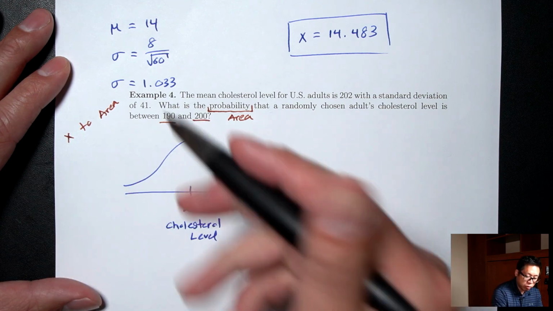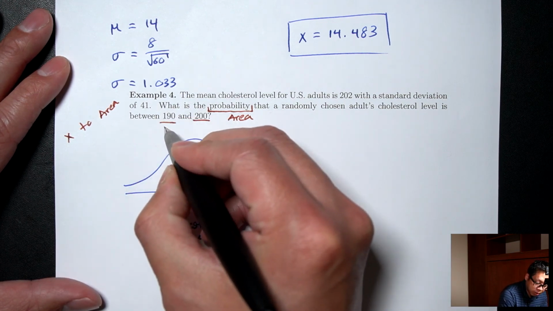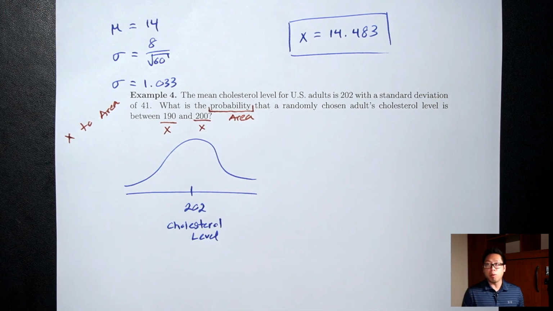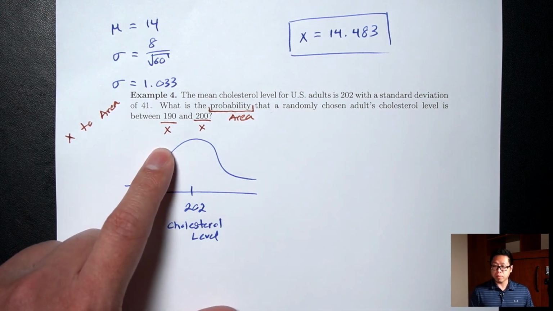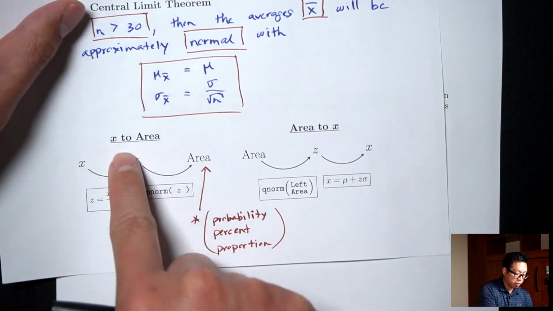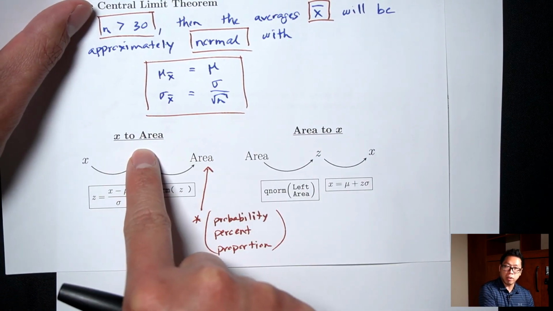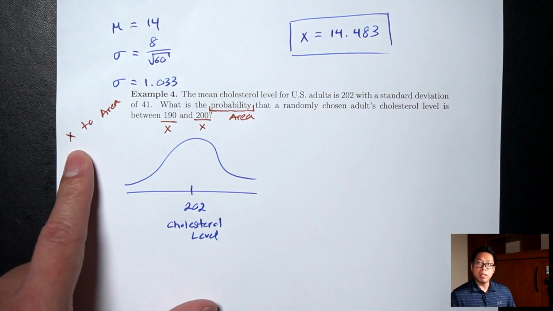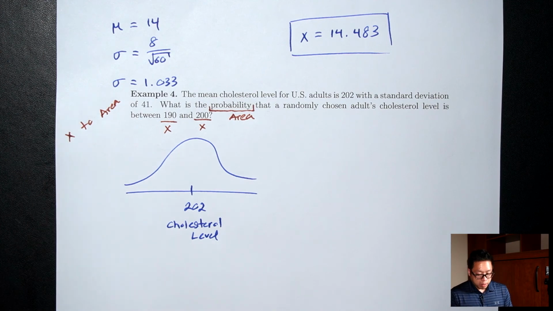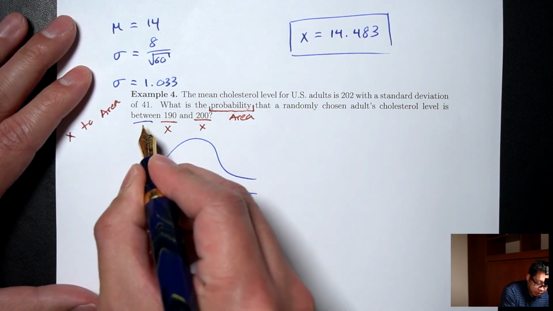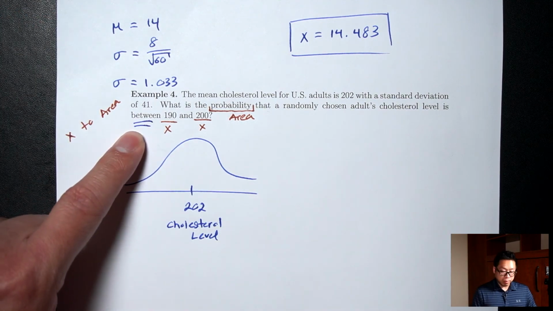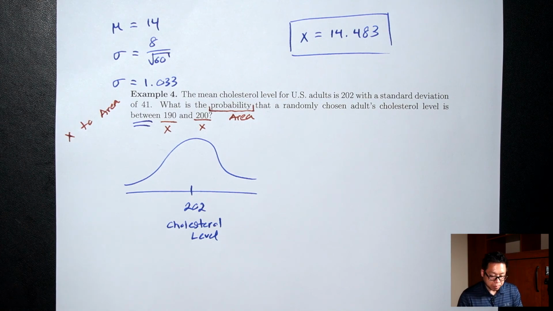So I'm starting you off with X's. Which one starts with an X? X to area. So that's another reason why it's an X to area. Now I need to decide whether this is shaded left, shaded right, or shaded between. Definitely between.